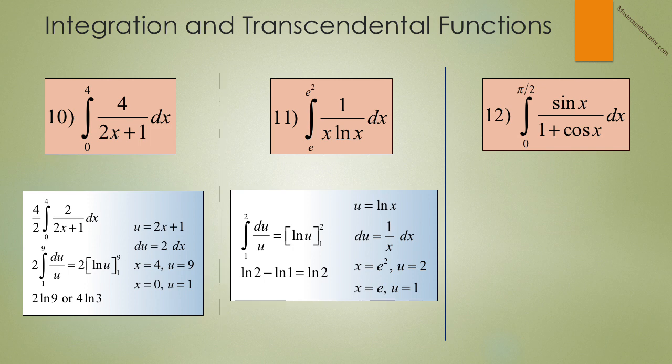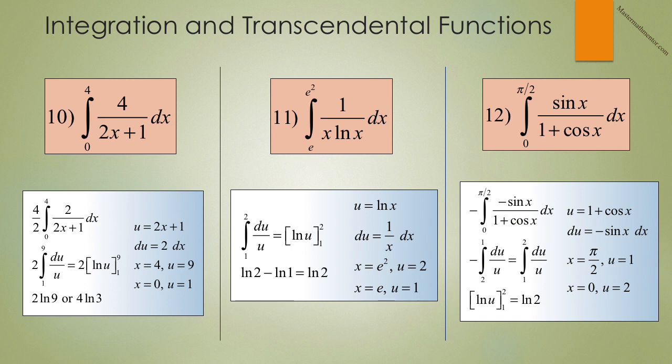And if x is equal to e squared, u is equal to 2. So this becomes the integral from 1 to 2 of du over u, which is the natural log of u evaluated from 1 to 2. We end up with the natural log of 2 minus the natural log of 1, which is the natural log of 2. Number 12 reads the integral from 0 to pi over 2 of sine x over 1 plus cosine x.